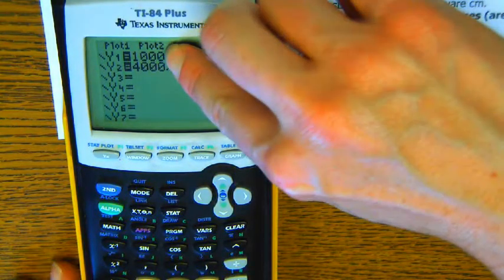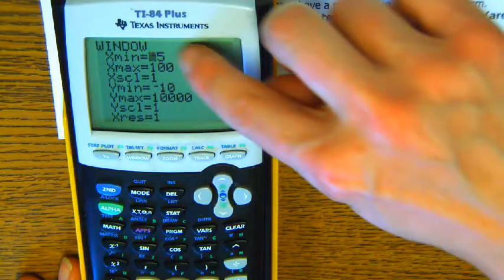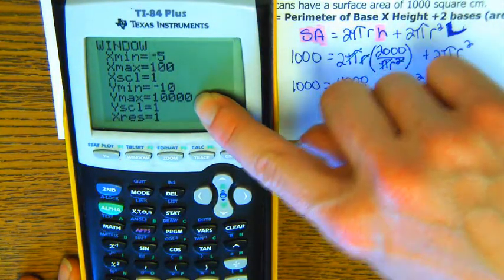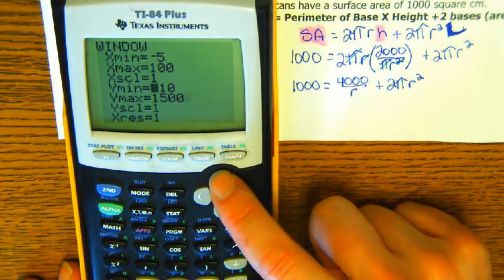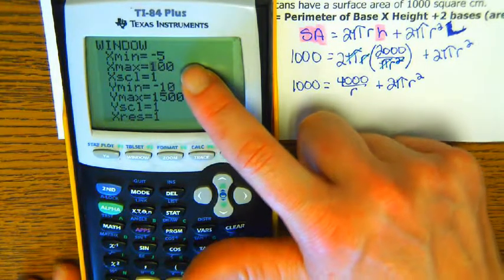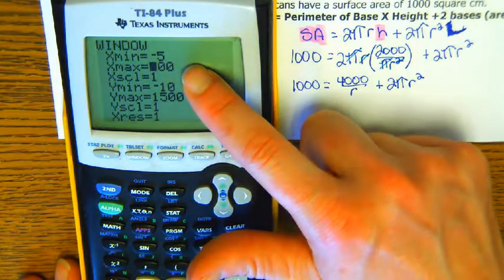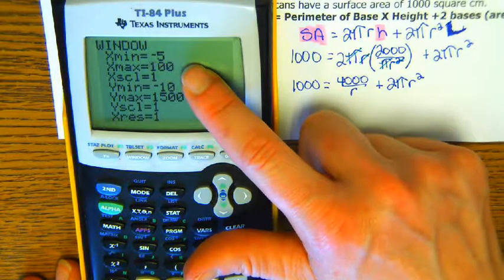When I'm picking a window for this, I need to see a little bit above 1,000. So when I go to window, that's too big. Let's maybe make Y max 1,500. And I'm guessing because I'm finding a radius of a can, I'm going to guess it's not 100 centimeters. Think of a can.